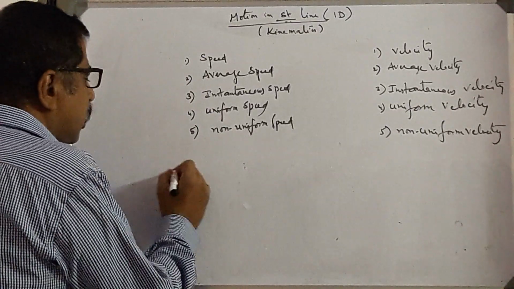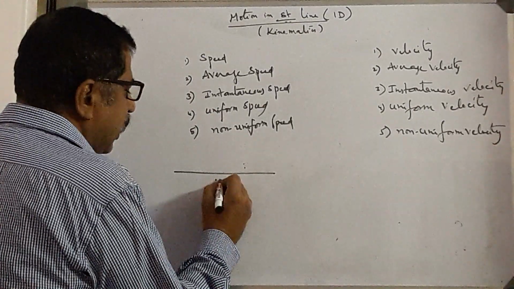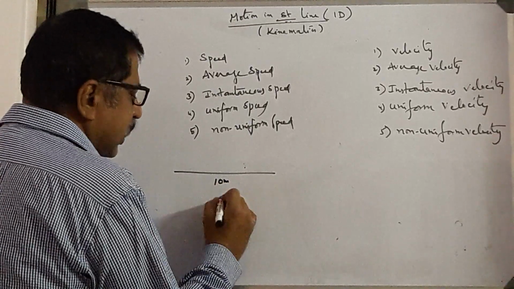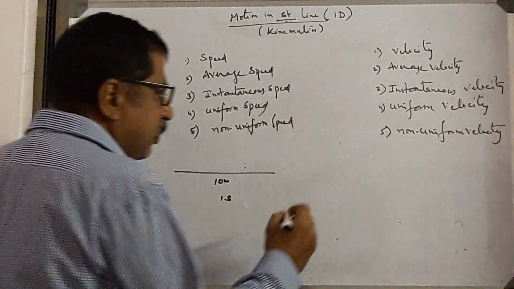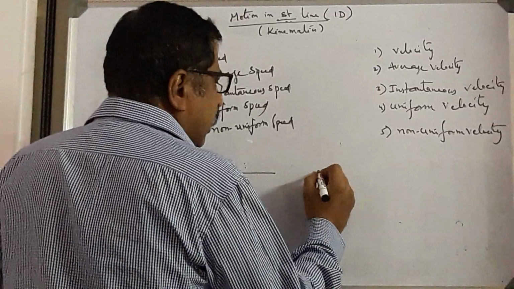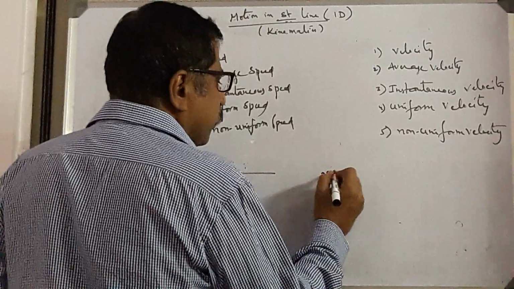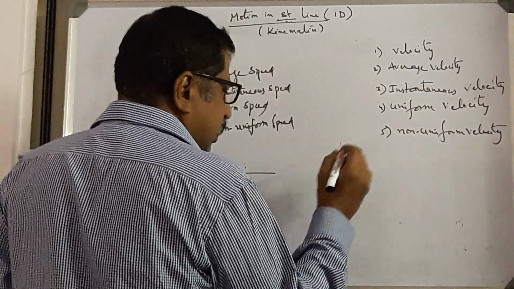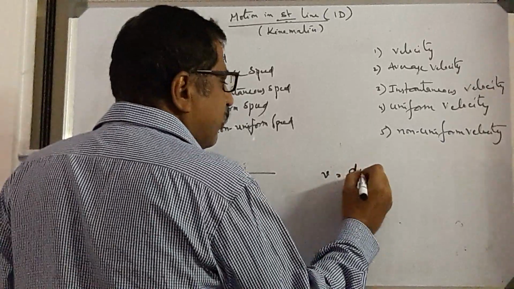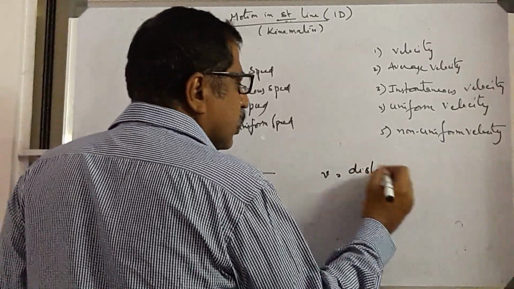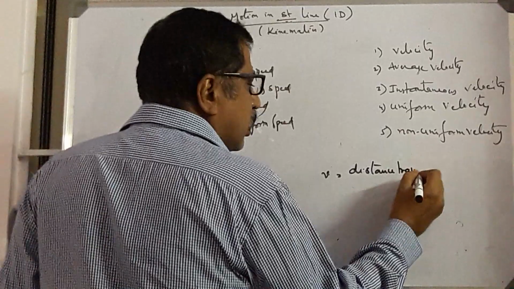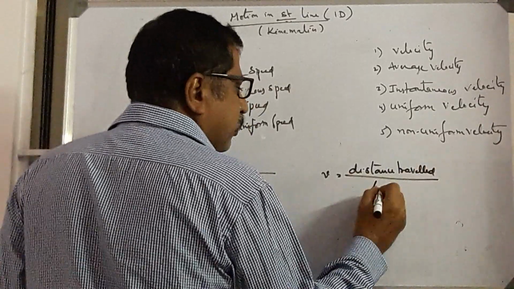Speed means if your body traveled 10 meters in 1 second, then the speed of your body is defined as the rate of distance traveled by time.